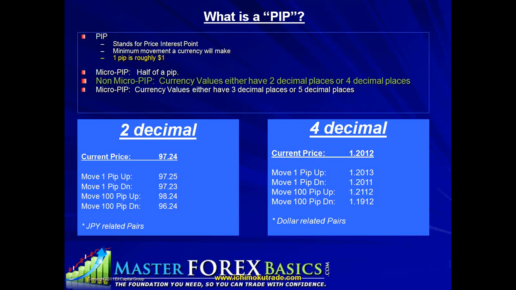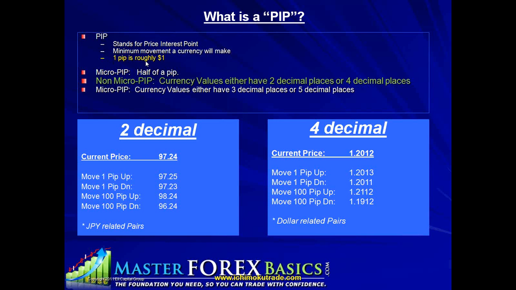The lowest denomination in the currency world is called a pip. That's equivalent to almost like a 1 penny movement, and we'll talk about that in a minute. Pip stands for price interest point, though you really don't need to know that at all. The key thing to understand is that 1 pip is equivalent to $1.